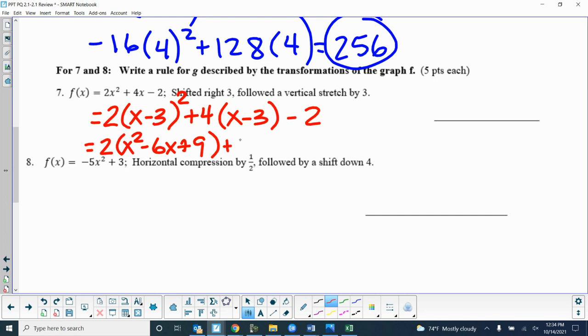You can go ahead and distribute the 4 right away. Now we've got to distribute the 2.